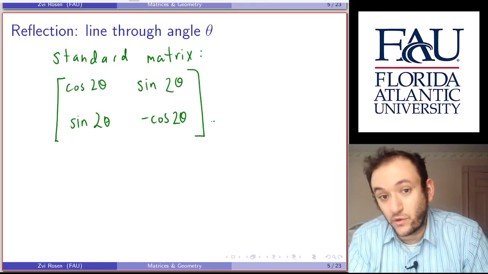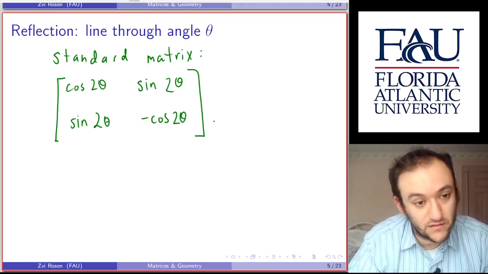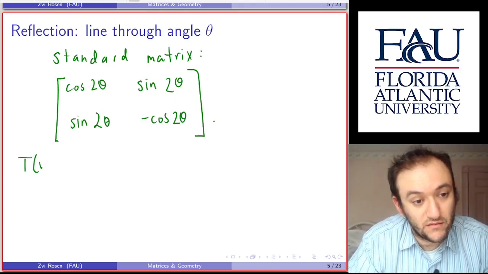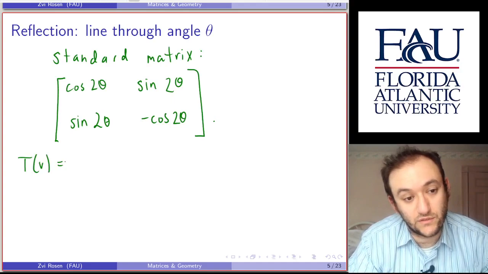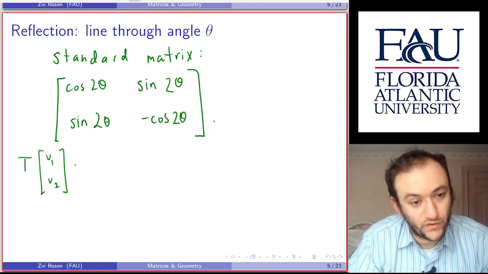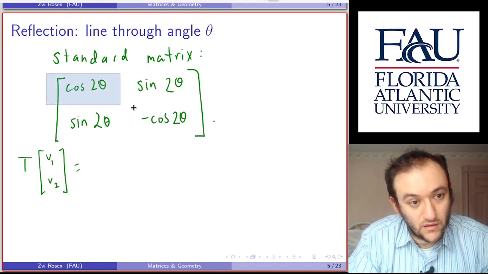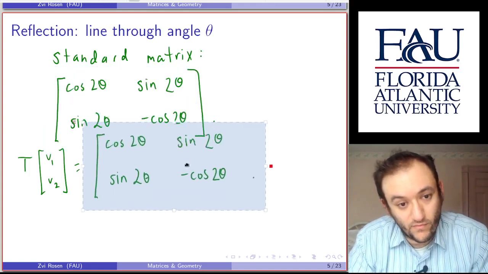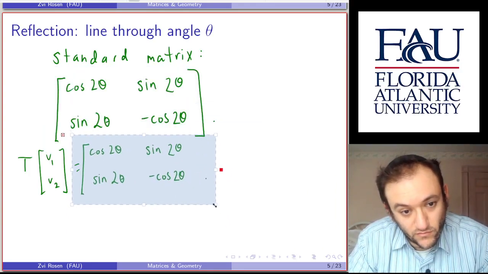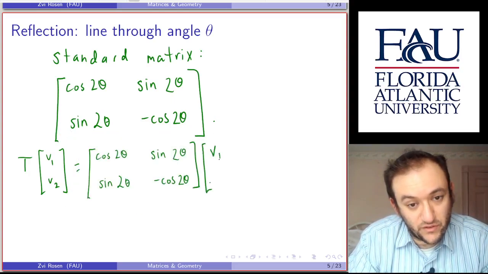Okay? And if you want to know the general form for a vector that's been reflected over such a line, so T of v1, v2 will be given by the multiplication of this matrix. So let me copy this. Okay, make it a little smaller. Multiply this by v1, v2.